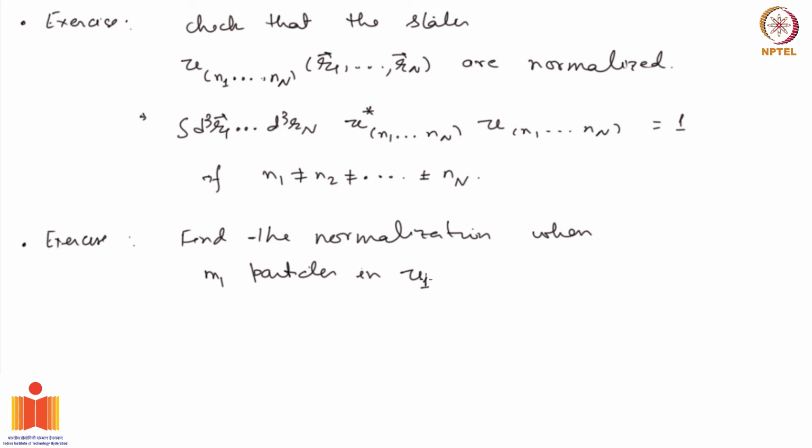So the small h has states u1, u2, u3 and so forth. The n1, n2, n3, they take values 1, 2, 3 like this.